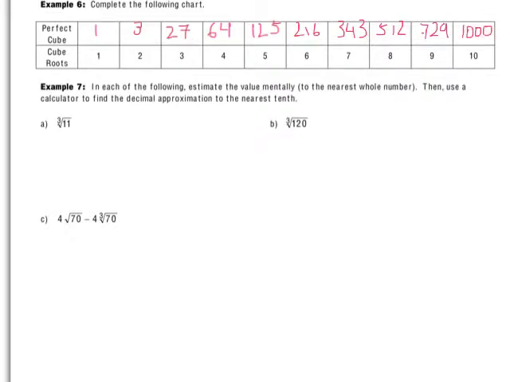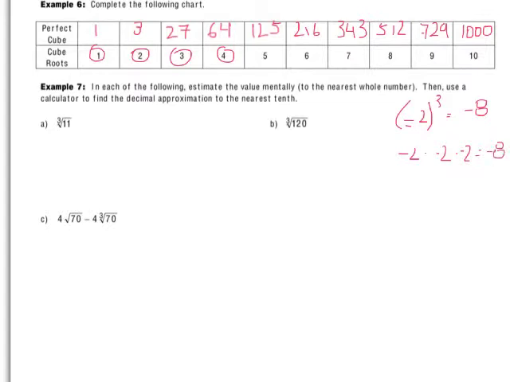You'll notice that the cube roots, the answers here are all positive, unlike the square roots. That's because when we cube a negative number, for example, if I go negative 2 cubed, I get negative 8, not positive 8, because negative 2 times negative 2 times negative 2 gives me a negative times a negative is a positive, but then times another negative gives me a negative number.